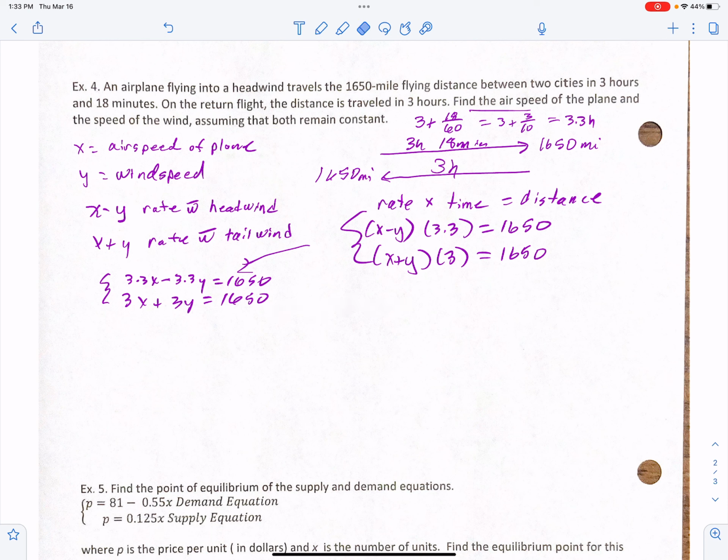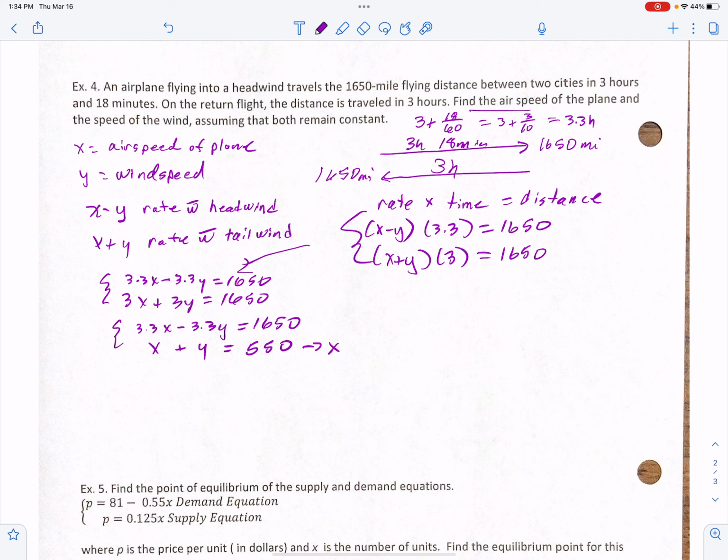So I can actually make that second equation a little bit simpler by dividing it by 3. And I get x plus y is equal to 550. And then it's just a matter of how you want to solve it.